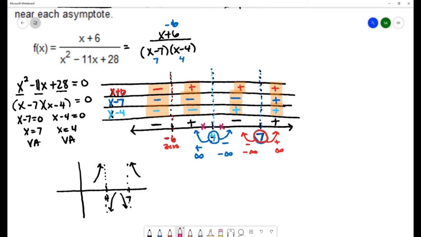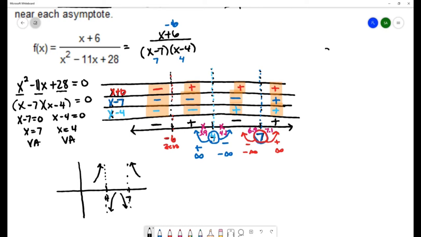I want to choose a number that is smaller than 4, so maybe 3.9, and a number that's bigger than 4, maybe 4.1. And I'll choose a number that is smaller than 7, 6.9, and a number that's bigger than 7, 7.1. And if we substitute these values into our original function, we should get the sign as well.